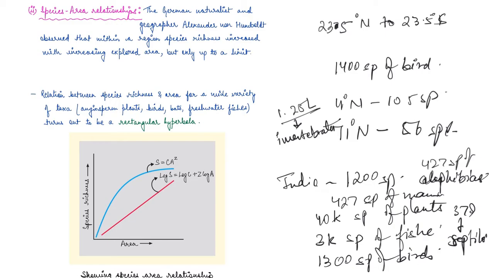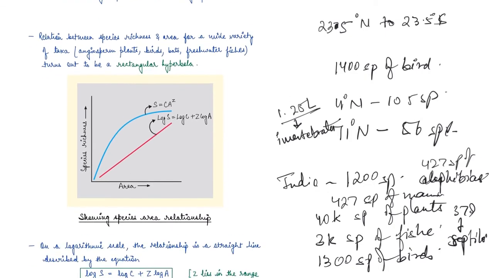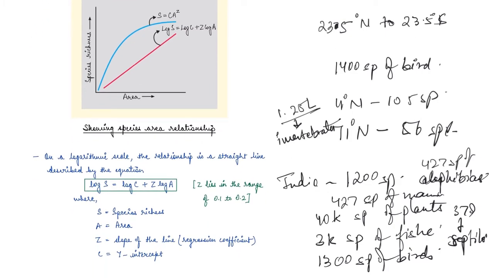And it is described in this equation: log S = log C + Z log A. S is species richness, A is area, C is Y-intercept, and Z is the slope of the line.